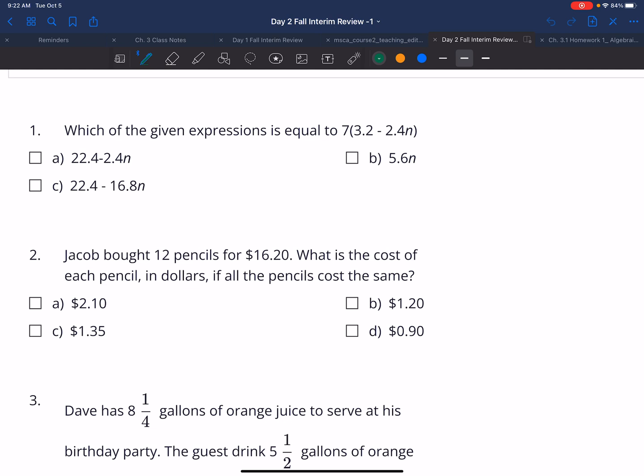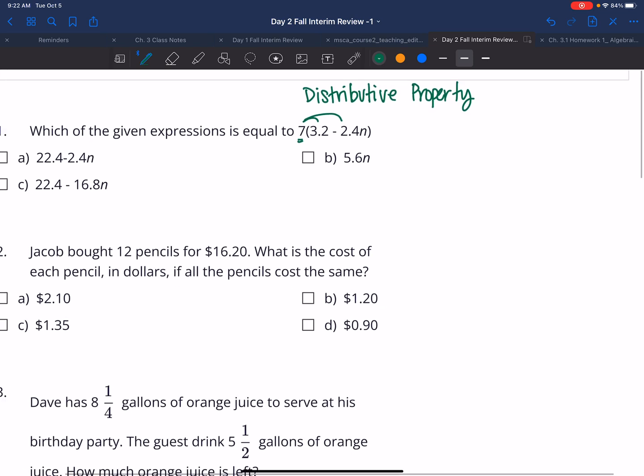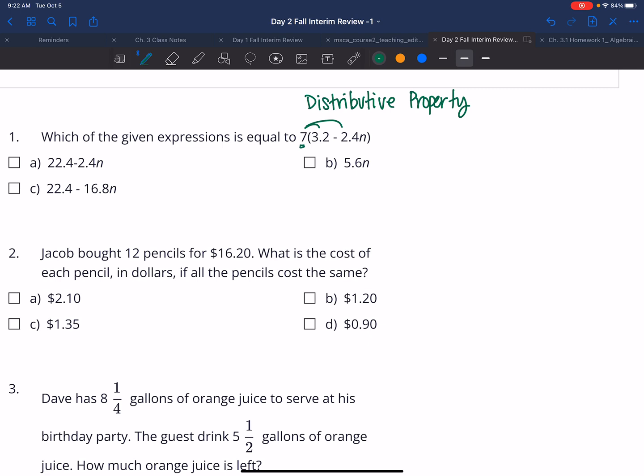So again, if I see a number 7 in front of parentheses, immediately I'm thinking what? Distributive property. So please make sure you write this down. I'm gonna take 7, multiply 3.2.